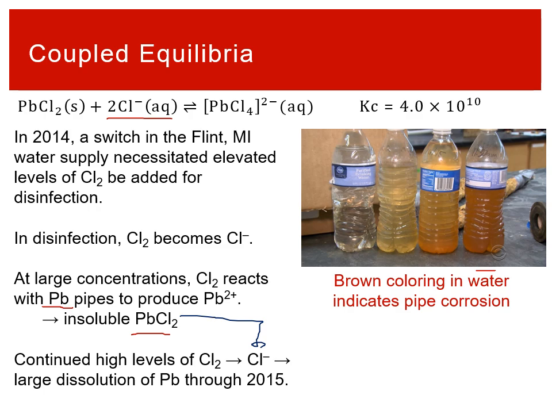You start getting large amounts of lead dissolving into the water, going into people's homes. People start drinking it, and through 2015, it starts causing a lot of problems. Now you're starting to notice effects of lead poisoning in people because they've been drinking this dangerous water. The corrosion, the brown stuff wasn't necessarily dangerous. A lot of that's iron corrosion, but there was lead in the system, and so you could also have that there. And so we need to be mindful when we start interacting with chemical systems.